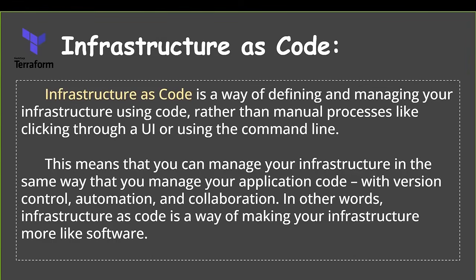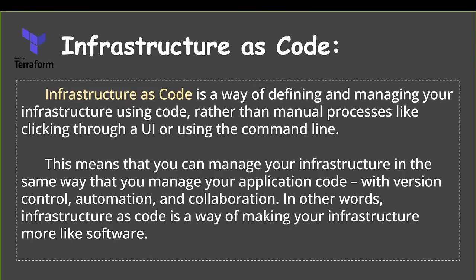So rather than the manual process like clicking through the user interface or using the command line, like we did yesterday in the previous class, where we ran AWS S3 related commands, those kinds of things can also be done with code.